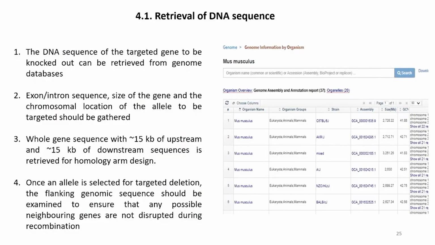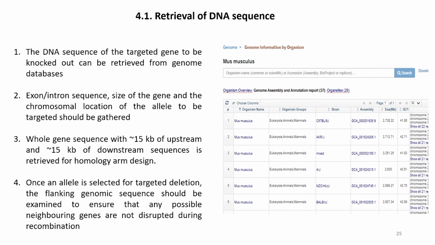The whole gene sequence with 15 kb of upstream and 15 kb of downstream sequences is retrieved for homology arm design. Once an allele is selected for targeted deletion, the flanking genomic sequence should be examined to ensure that any possible neighboring genes are not disrupted during recombination.